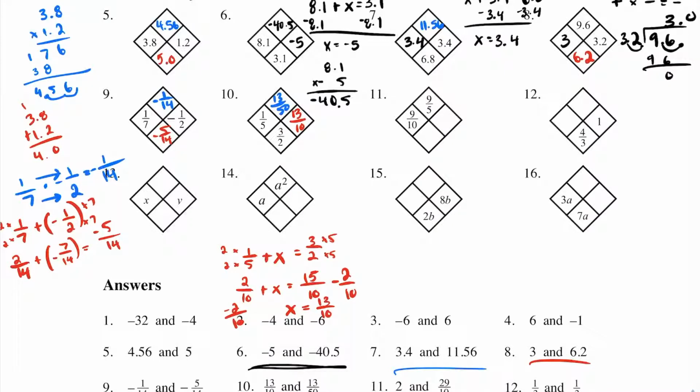Okay. So I know that 9/10 times another number, x, is equal to 9 over 5.